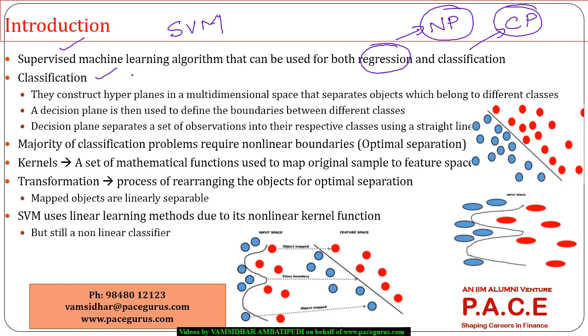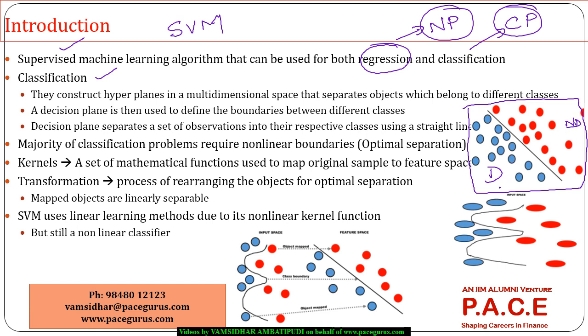Now, when they are used in classification, this is how it works. Say we are talking about two sets of elements, one belonging to the group of blue and the other red in this diagram. Let's say these are the defaulters and non-defaulters.